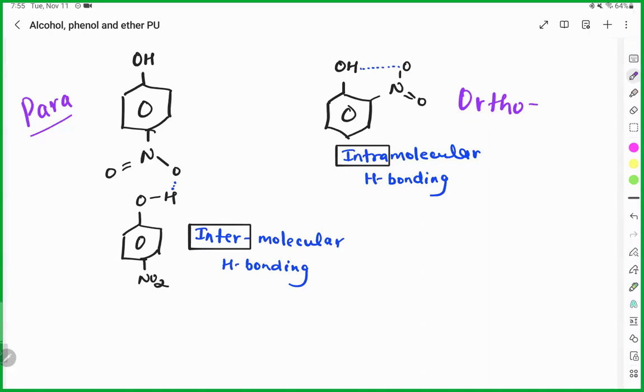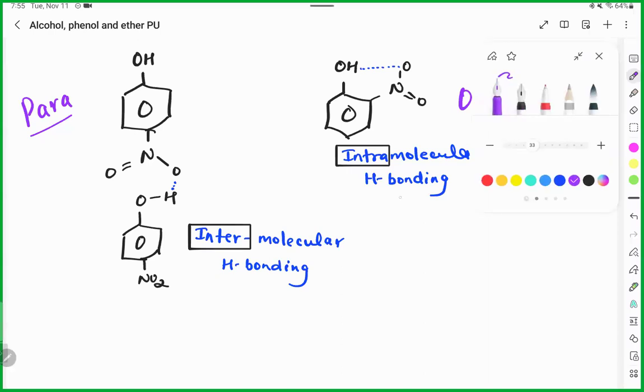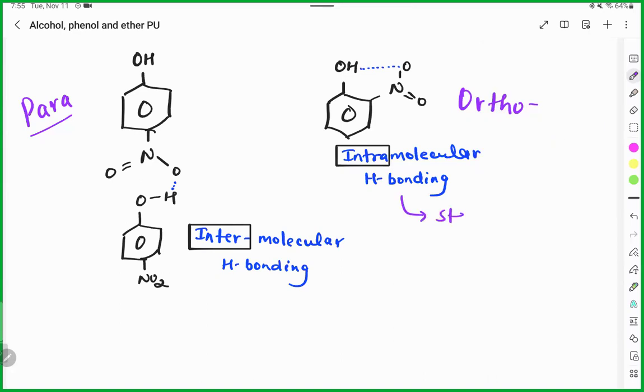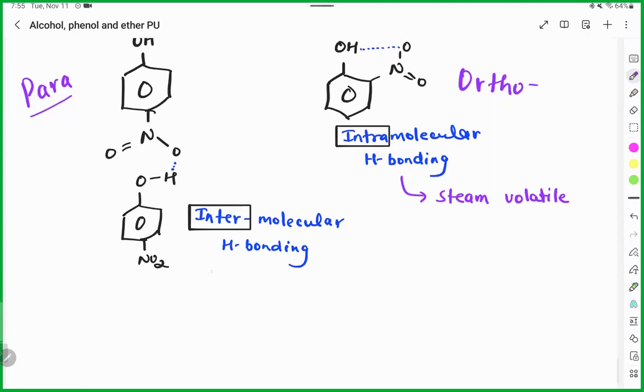Ortho. Ortho is easily steam volatile. It means if you heat this compound, it can easily form vapor compared to the para molecule, which is less volatile.